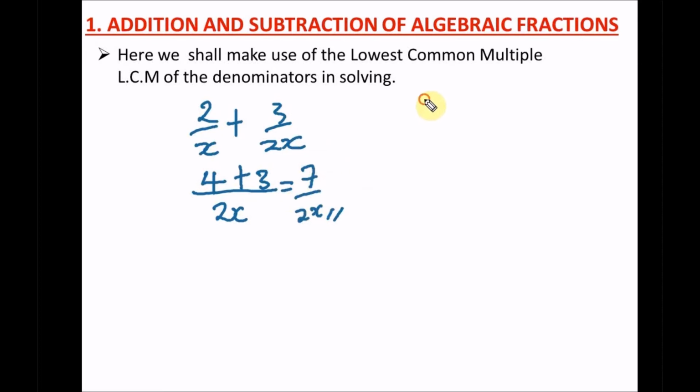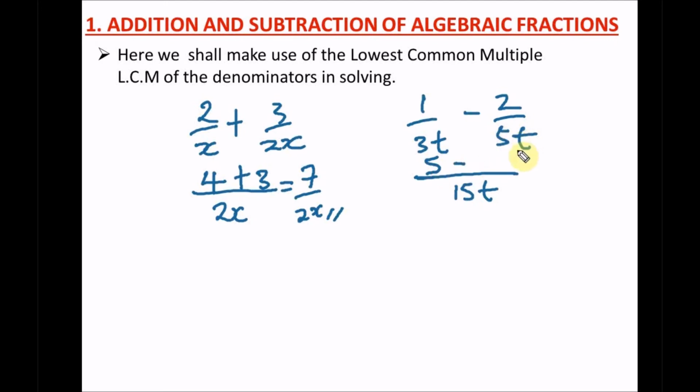Okay, let's do another one. Let's say we have 1 over 3t minus 2 over 5t. What would be the LCM here? The LCM will be 15t. So let's write 15t. So 3 in 15t will give us a 5. 5 times 1 will give us a 5.